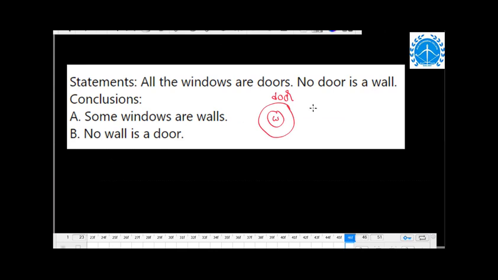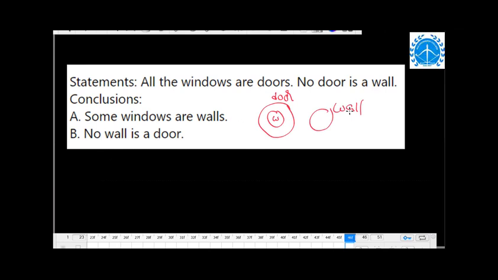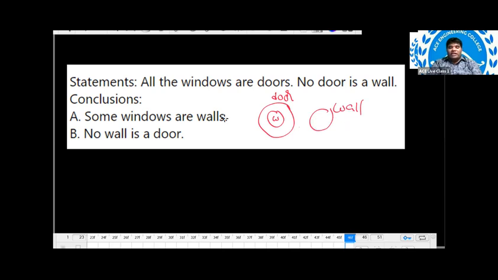Okay, sir. No door is a wall. No door is a wall means wall is completely separate. Is there any other chance diagram? No, sir. Okay, now come to the conclusion. Some windows are walls. Is it right? No, sir.